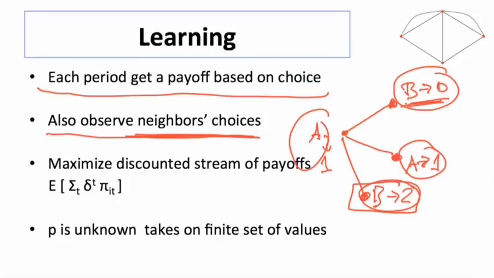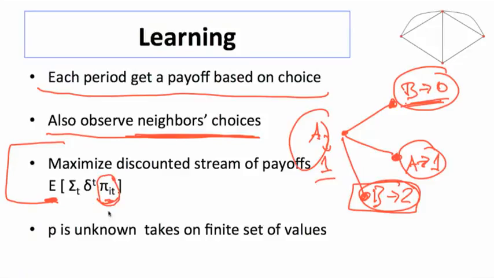And what people are going to do in this setting is maximize their overall stream of expected payments. So I'm going to get $1 today if I chose A. I get some random amount if I choose B, and every day I'm making this choice, and I have an expectation of what this looks like, conditional on what I've seen up to a point in time. Let pi sub i at time t be the payoff I get from following a certain strategy of choosing A's and B's.